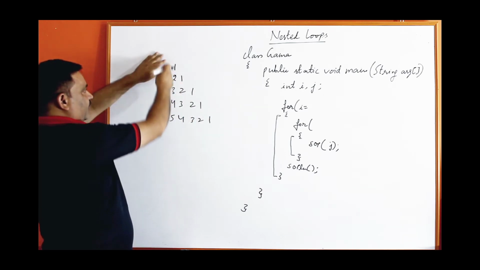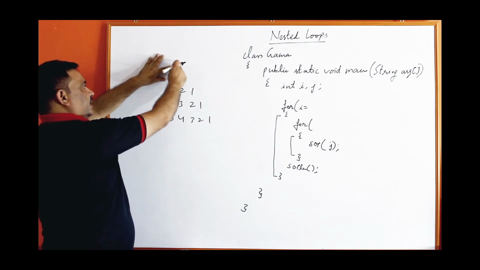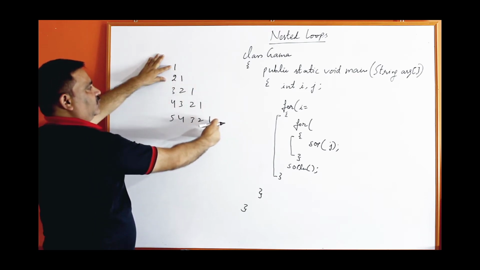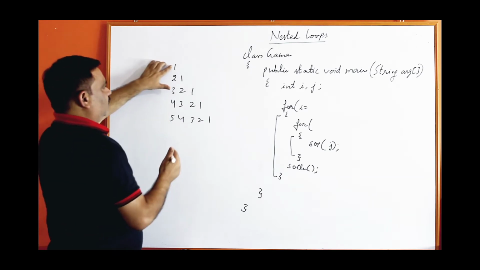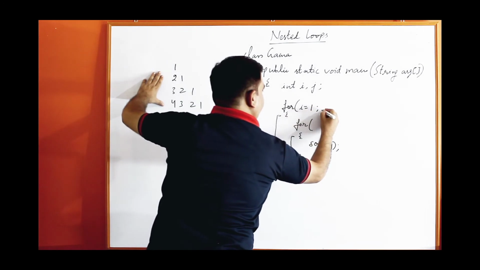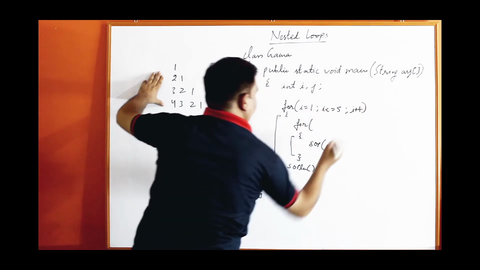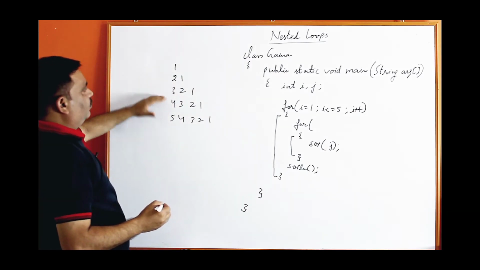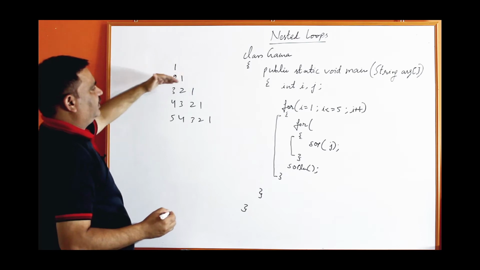See here, this way it is changing 1, 2, 3, 4, 5. Here it is constant. So which is changing, make that the outer loop. The outer loop will be 1, 2, 3, 4, 5. Just make it: outer loop 1, I is less than or equal to 5, I plus plus. And the inner loop starts from 1 up to 1, starting from 2 up to 1, starting from 3.